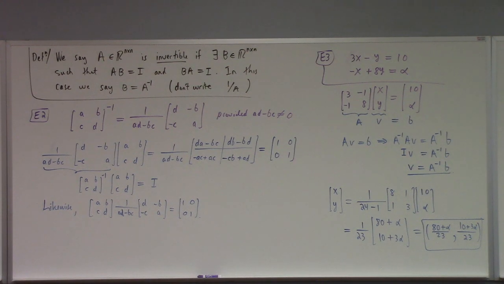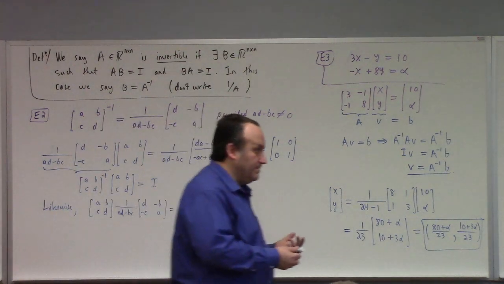So we'll come back to the calculation of inverse matrices later this week, but I just need to introduce the concept because I want to point out something to you, which is that elementary matrices are invertible.